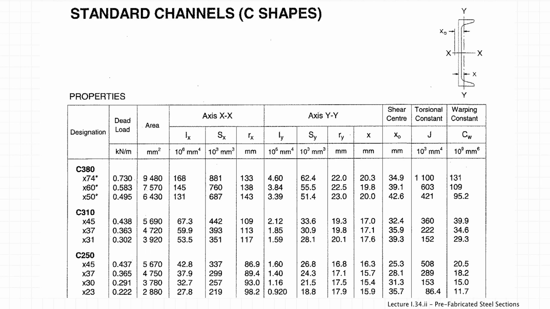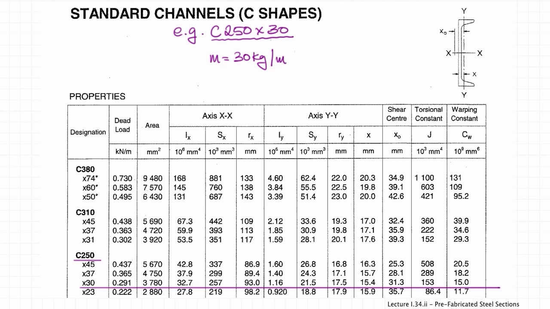Now for C channels, for example, a channel 250 by 30, the procedure is similar. The information in the table is slightly different because you are given the mass by the designation, by the second number, 30 kilograms per meter, and the approximate depth is of course 250.